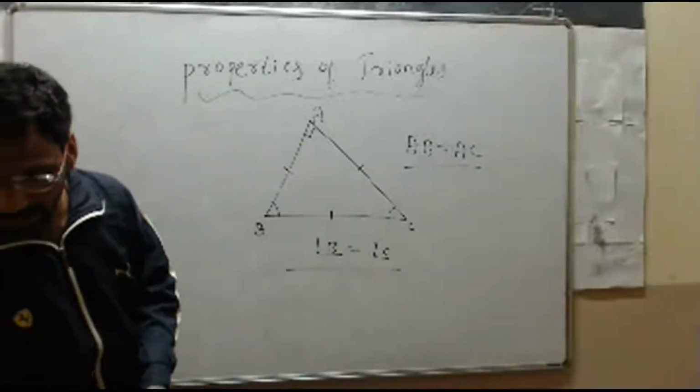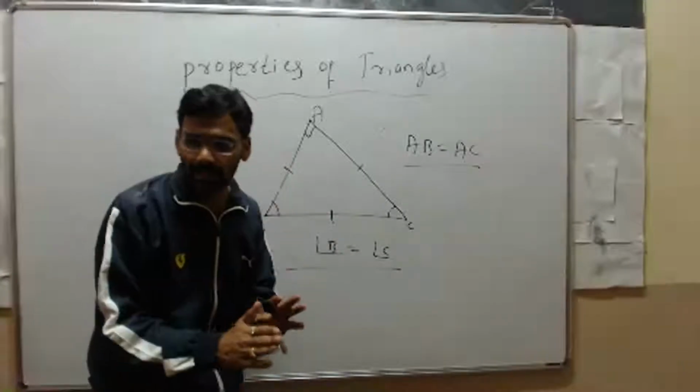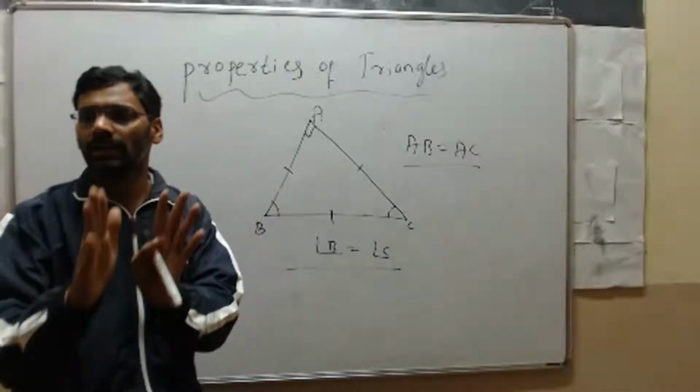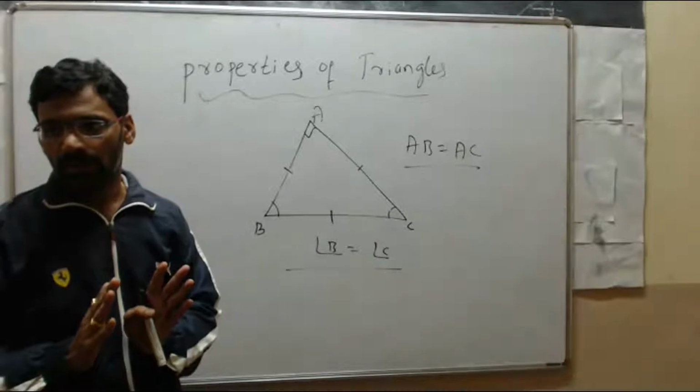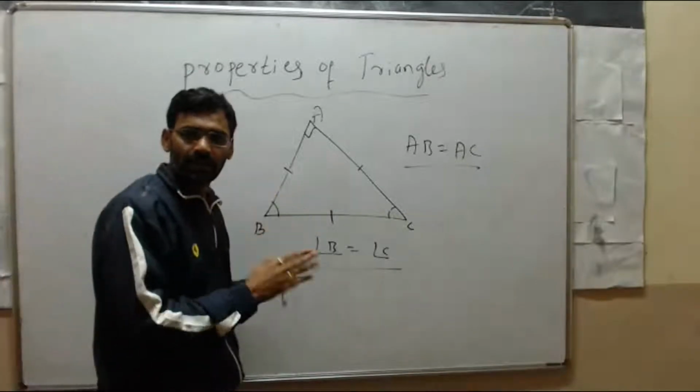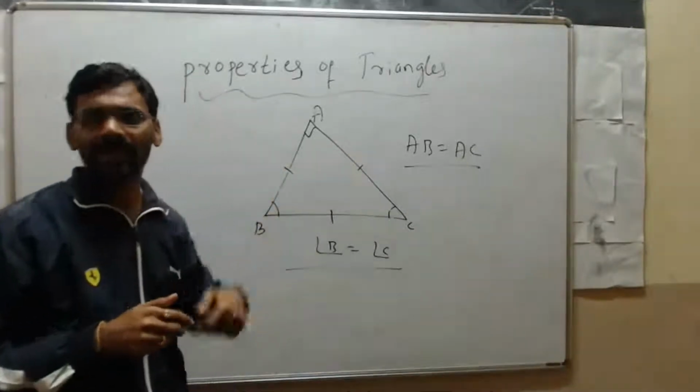It means in an isosceles triangle, two sides are equal, and two equal sides mean their opposite angles are equal to each other. If two sides are equal, their opposite angles are equal.